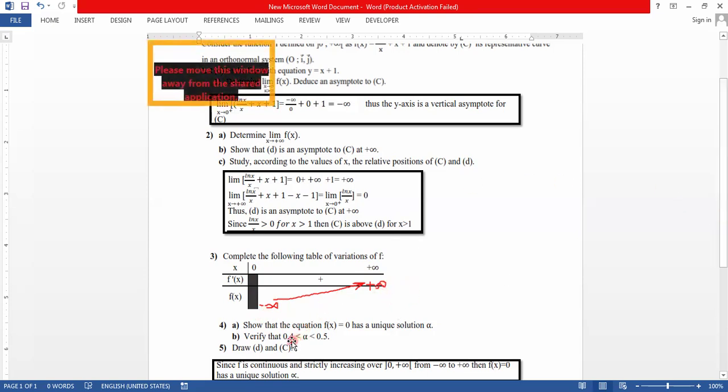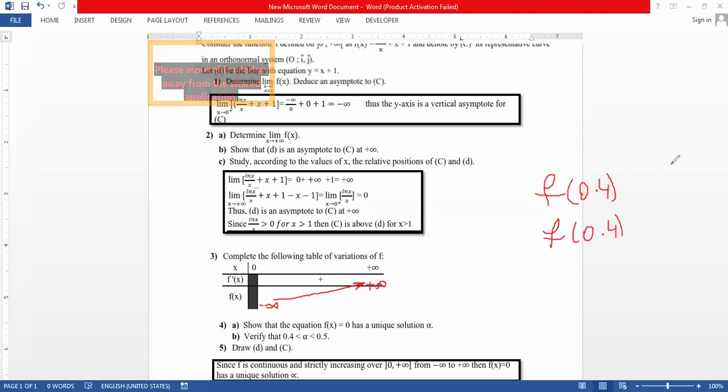Now, how can I tell that the root alpha is between 0.4 and 0.5? You do f of 0.4, okay? F of 0.4 and f of 0.5. What I'm sure about is that f of 0.4 will give me a negative value. Of course, you put it on the calculator, okay? And 0.5 here, sorry, it's a positive value. How did I know?